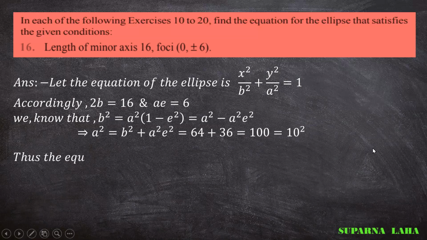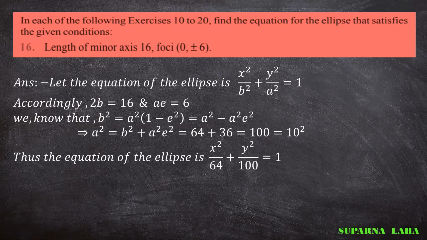So the equation of the ellipse is given by x square by 64 plus y square by 100 equals 1, which is the required equation of the ellipse.